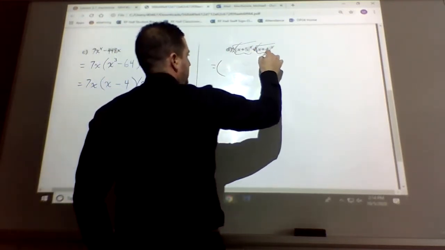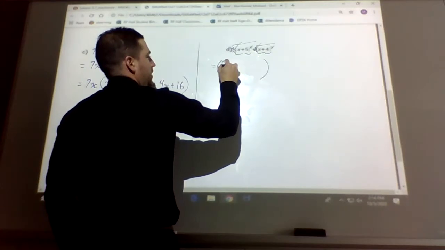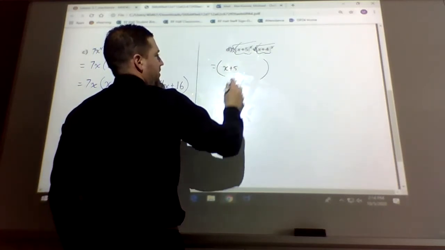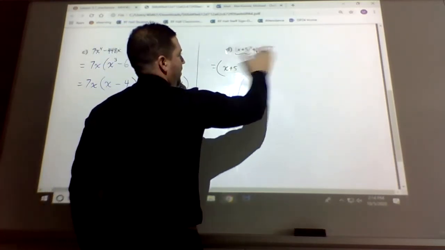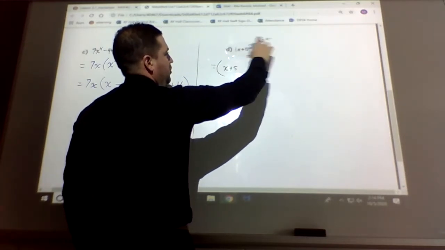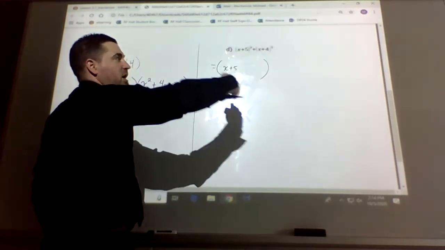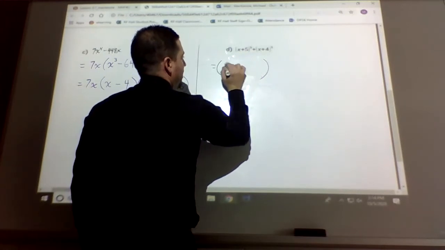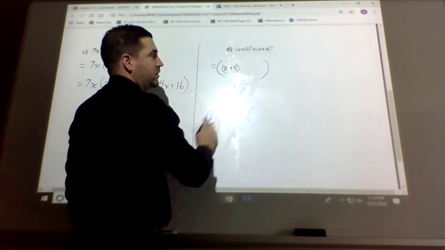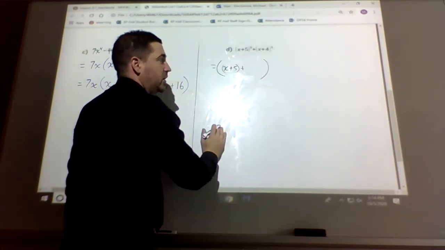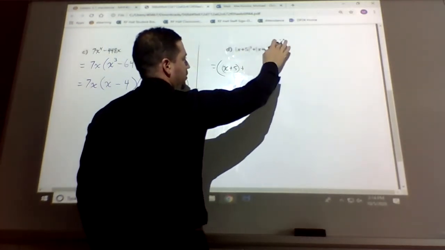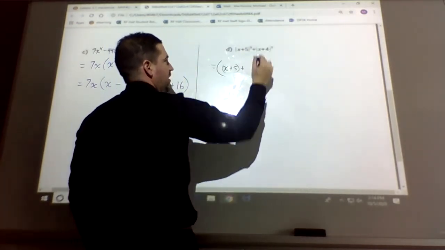So what you get as your a value is x plus 5. And see how it's a cube and a cube, so we have a sum of cubes since we have the plus. So we're going to have x plus 5 as our a value plus our b value. When you cube root this, the cube cancels out with the cube root, so we're left with x plus 4.